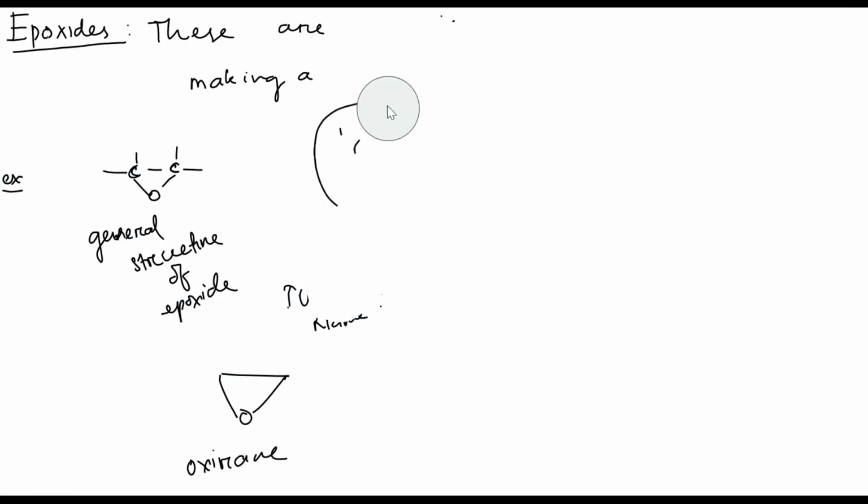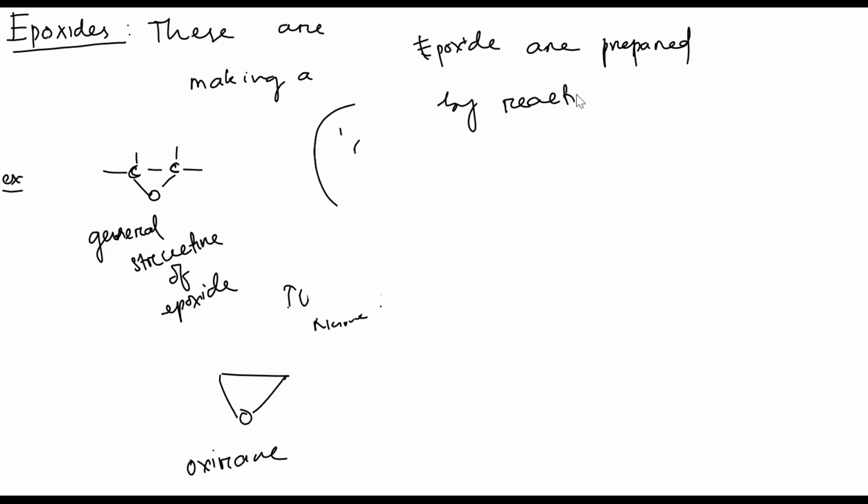Okay, let us see. These epoxides are prepared by reacting alkenes with peracids.